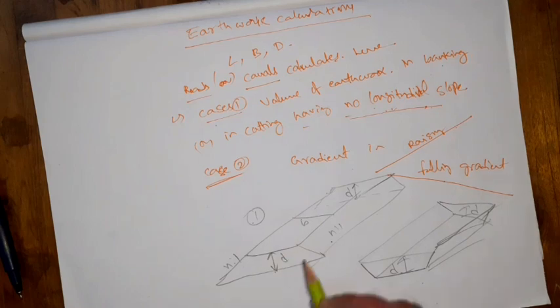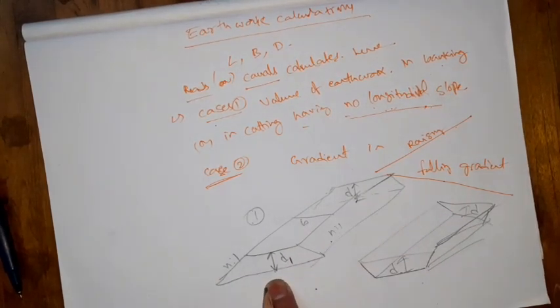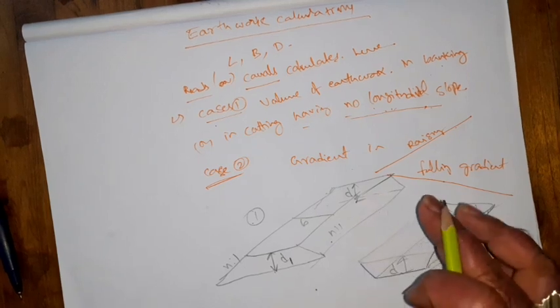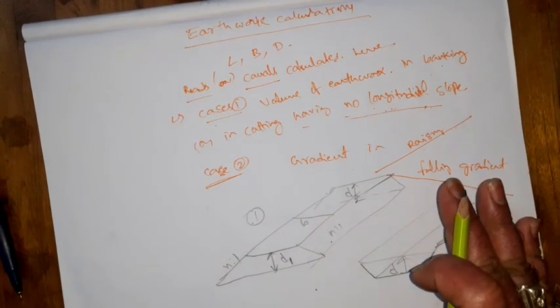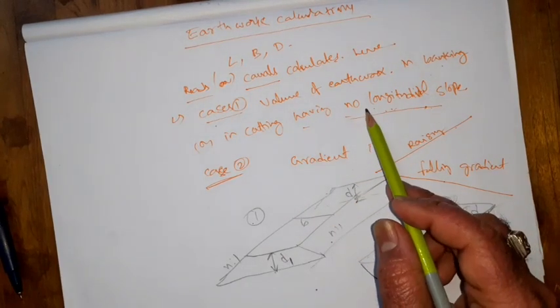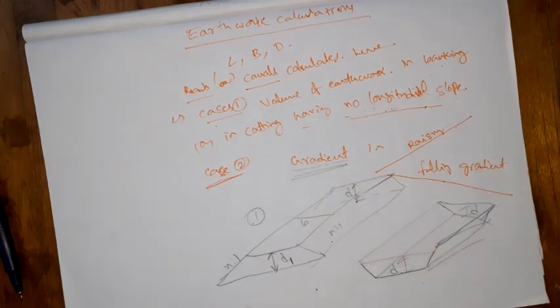In case 2, here you can find different depths. Here you can find one depth and here you can find another depth. The formation levels are different. Along the longitudinal section you can find some slope, either rising or falling.